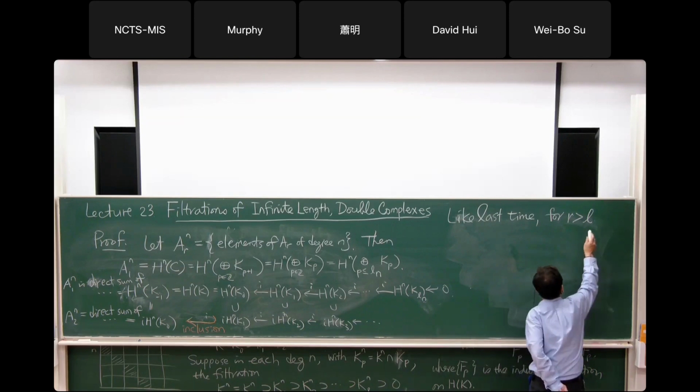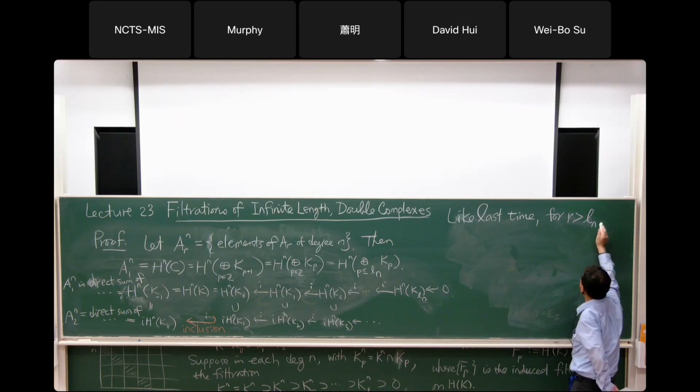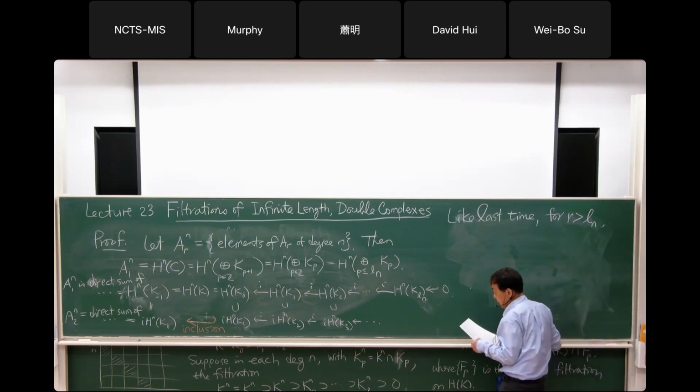Yeah, and so after Ln steps, all the maps become inclusions.